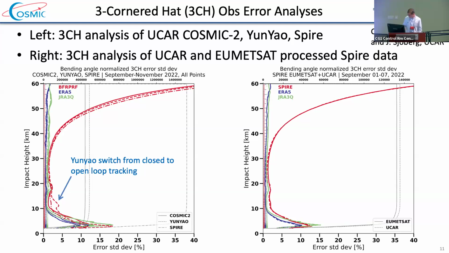And then just one other example on the right, focusing on Spire data using this technique, between the excess phases processed by EUMETSAT and those processed by us. And again, just remarkably consistent. There have been some other analyses also looking at ECMWF versus the 2 data sets. And I'm really amazed at how consistent they've turned out, considering that, at least in the retrievals, they're completely independent systems.